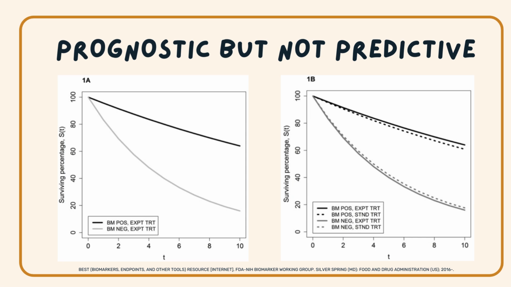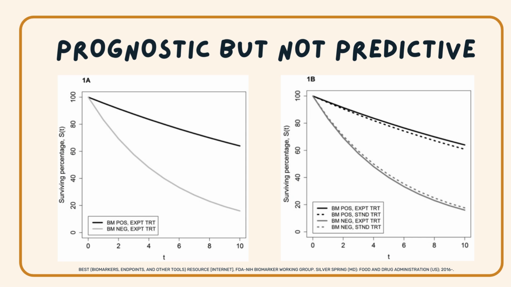And here, the standard therapy is using the dashed line but matched color, meaning if biomarker positive, it will be black color. Biomarker negative, it will be gray color.